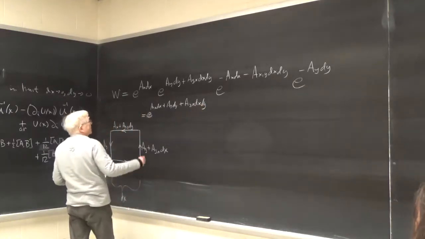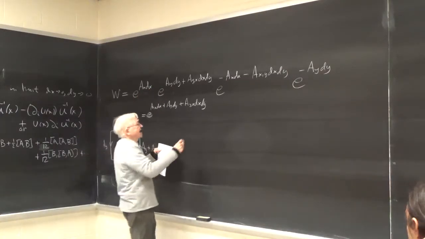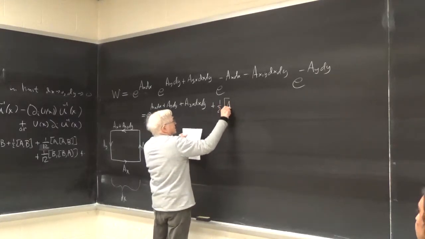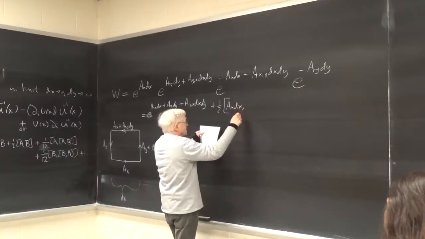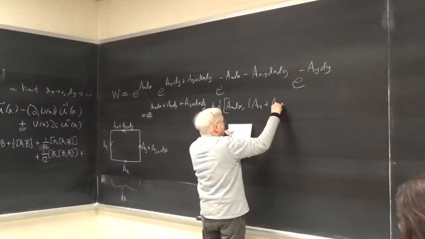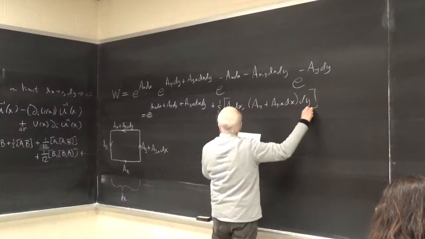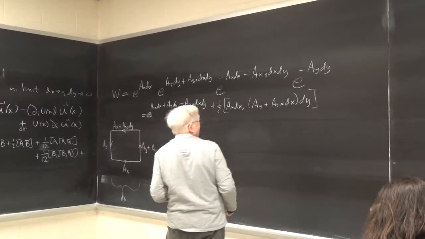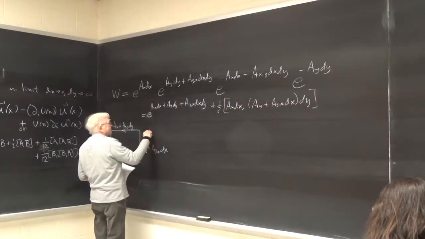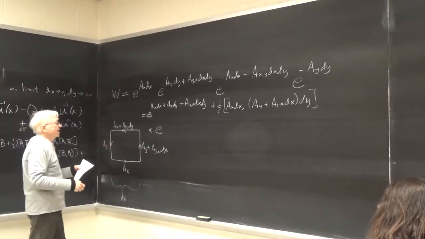But we also have to put in the commutator of the two exponentials with a factor of a half. So this is plus a half commutator of A_x dx with A_y plus A_{y,x} dx dy. Okay, so all of that is in the exponential, and that's the product of the first two terms. And then this multiplies the product of the second two terms.